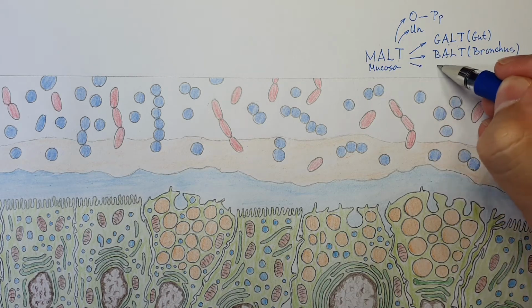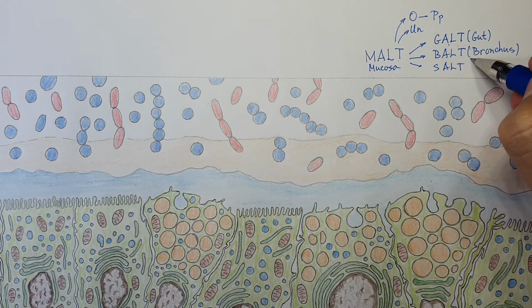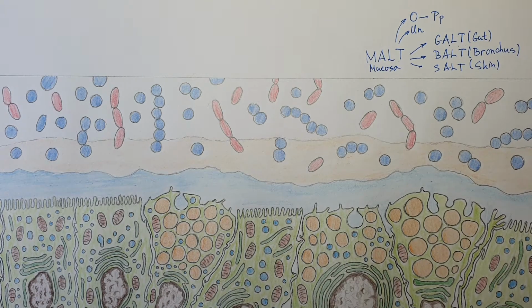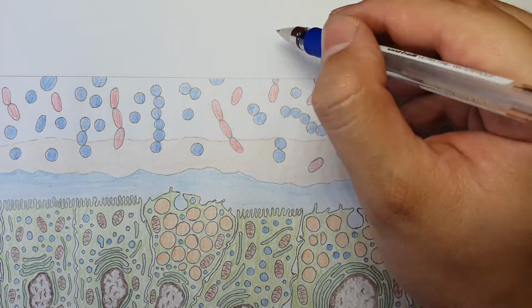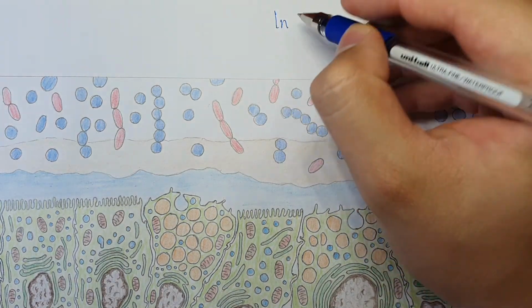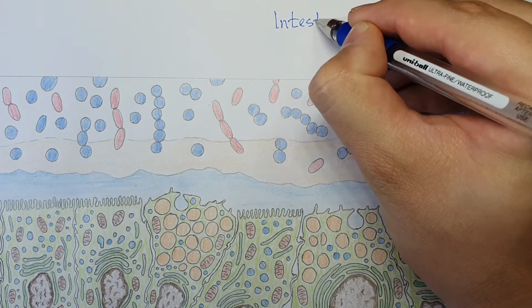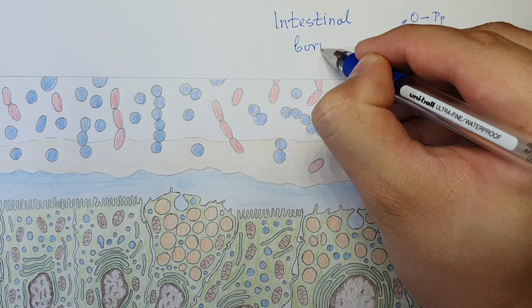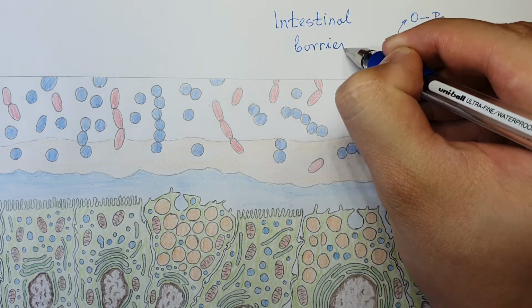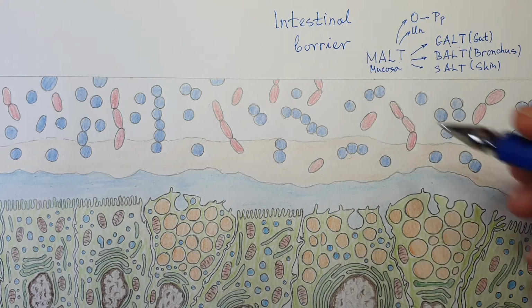And even the skin, SALT, is part of MALT. And there are many others. So the intestinal barrier is actually a part of the GALT tissue.